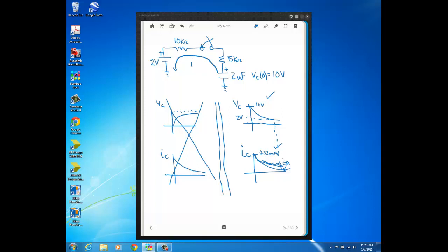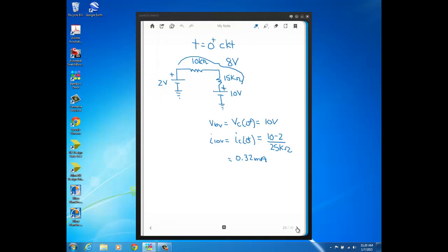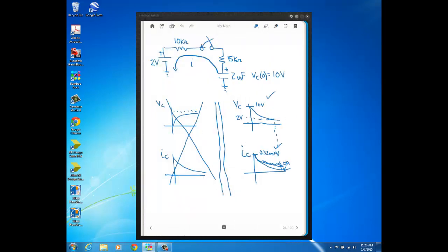Now, the one last thing to do here is to find the time constant. So tau will just be Req times the capacitance. So we got 25K, and that's going to be multiplied times the capacitor value in this problem. Double check here. Yeah, 2 microfarads. Did I write that down? I might have forgotten to write that down. Oh, no, I didn't. Right there, 2 microfarads.